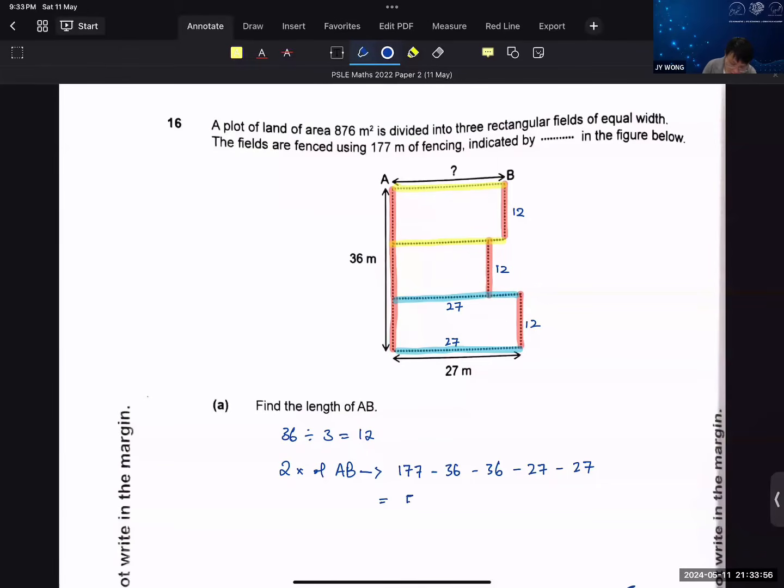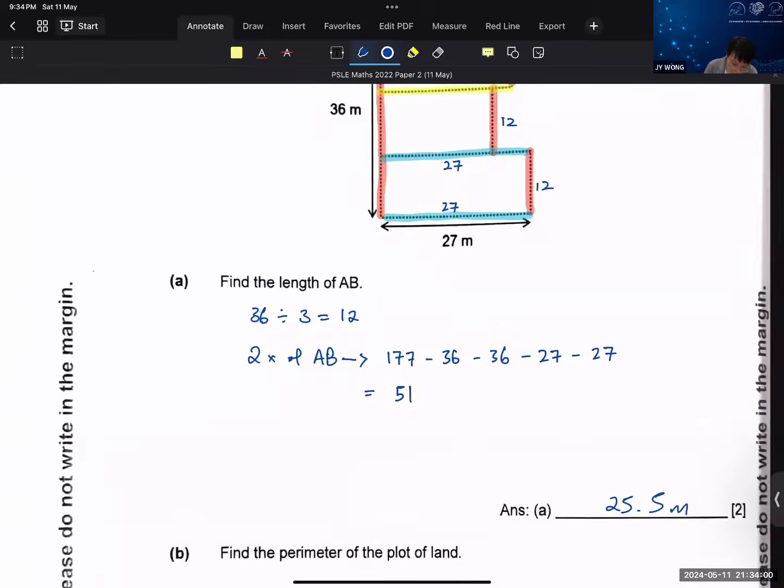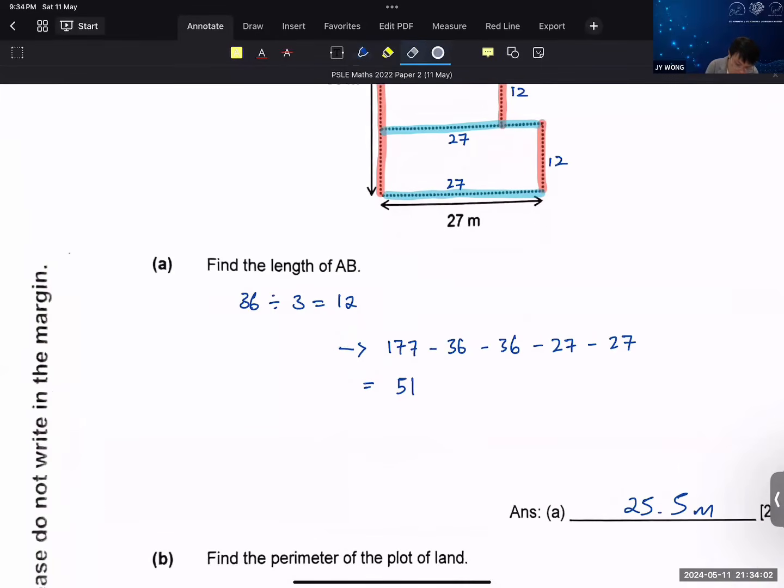And that will give you 51 meters. Yeah, Jared, go. Okay, and therefore your AB is just 51 divided by 2.